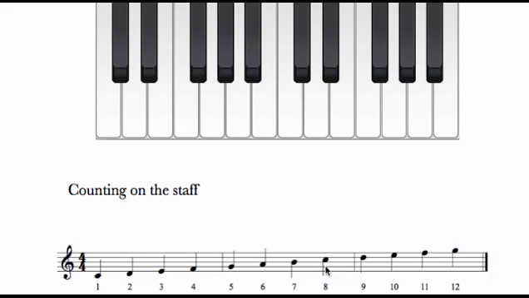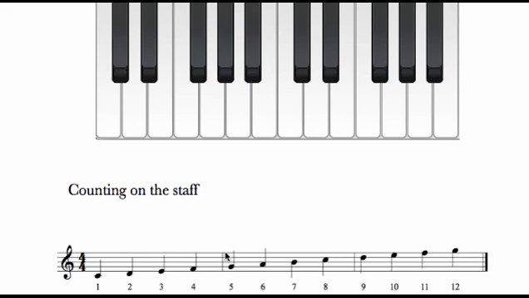Okay, well, when we have this in a piece of music and you're looking at the staff, it's maybe a little more difficult to count these intervals by the fact that these other notes aren't in between. So how can we do that more easily?